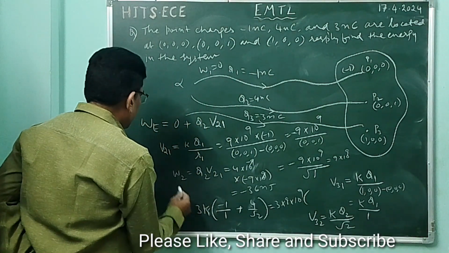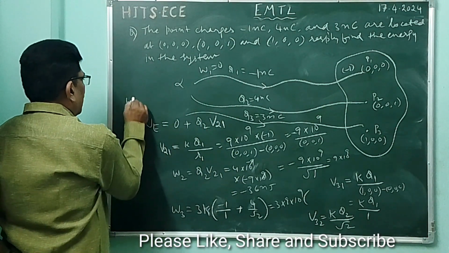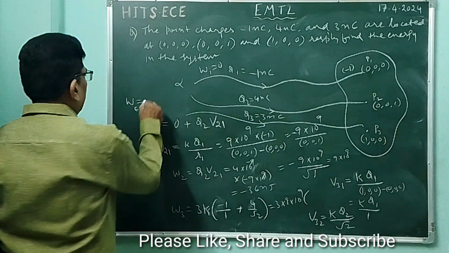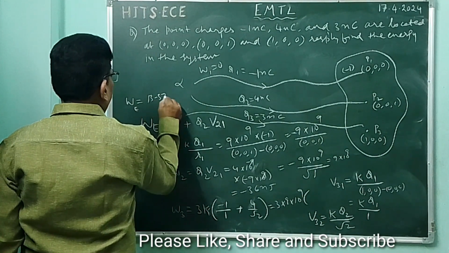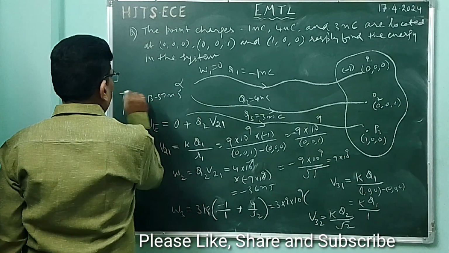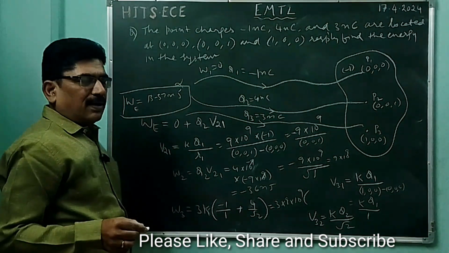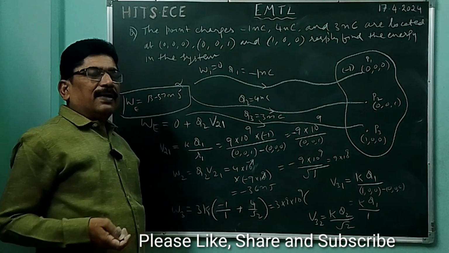So finally, this total energy WE, adding up, is 13.37 nanojoules. This is the answer. Okay, with this, energy density is over.